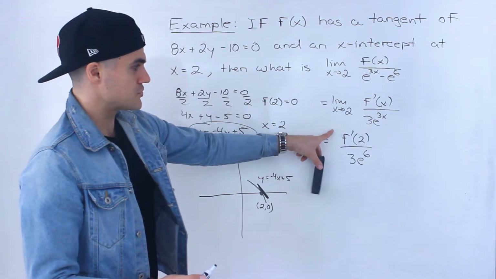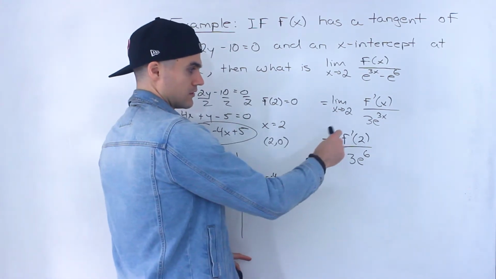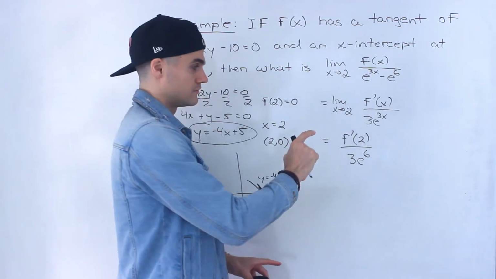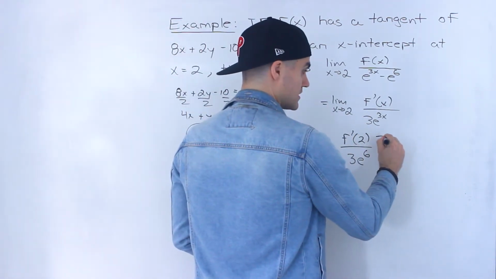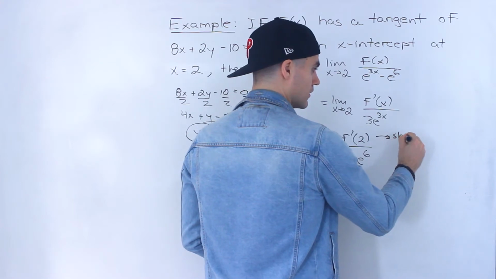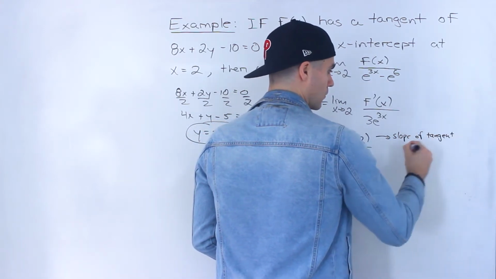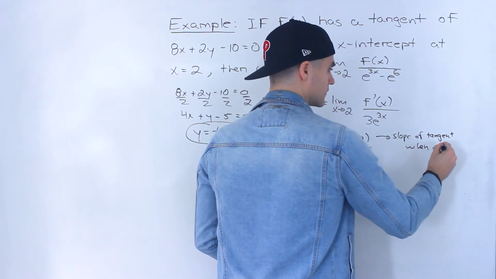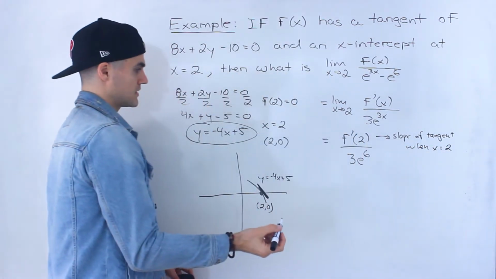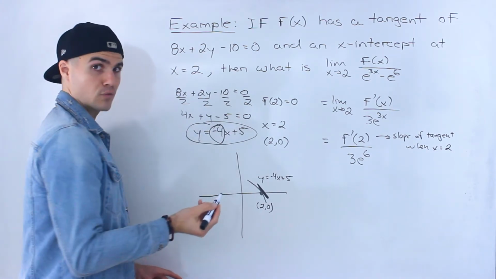Now what's f prime of 2 going to be? It's the value of the derivative at an x value of 2. This is the slope of the tangent when x equals 2, and we know what the slope of the tangent is. It's this negative 4 here.